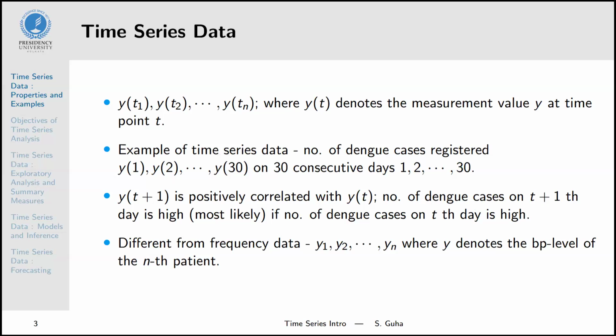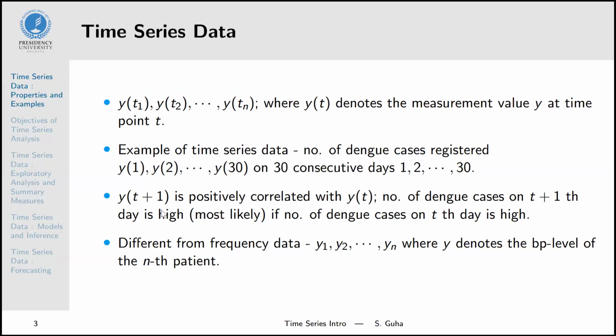If on some particular day there are a lot of dengue cases, it is expected that the next day also there will be a high number of patients, because when there is a high peak in the number of cases, that will remain for a while. So we can expect that the next day will also have a very high number of dengue cases.